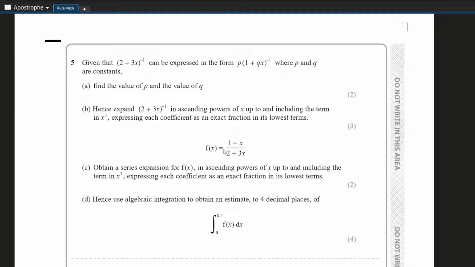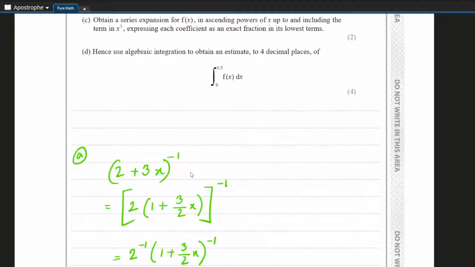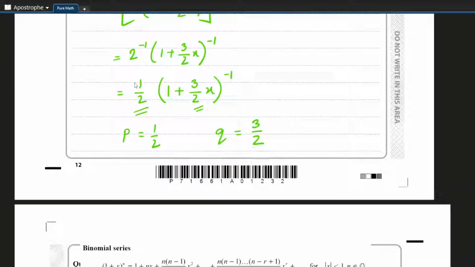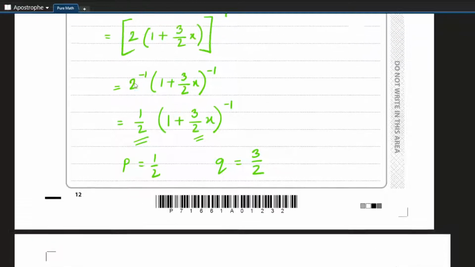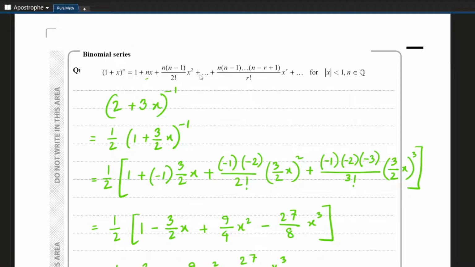Now f of x is equal to 1 plus x over 2 plus 3x. If we look closely, 1 over 2 plus 3x is basically this term which we just expanded. So we just have to multiply 1 plus x with the expanded form we just found, to obtain a series expansion for f of x, including and up to the term x cubed. 1 plus x, this was b.